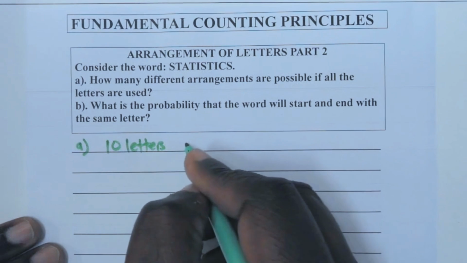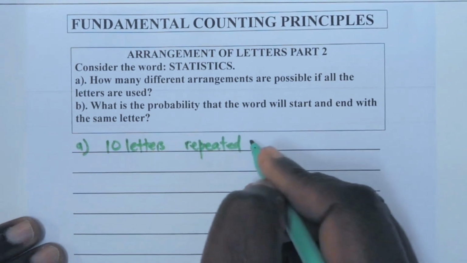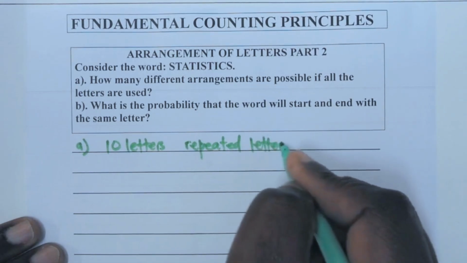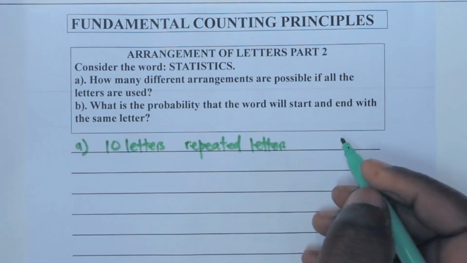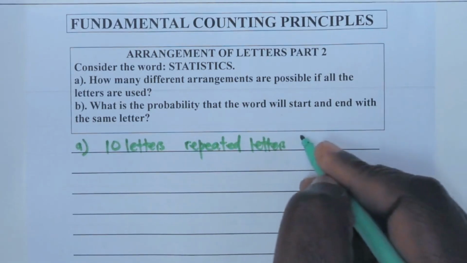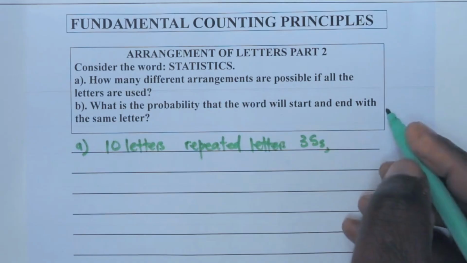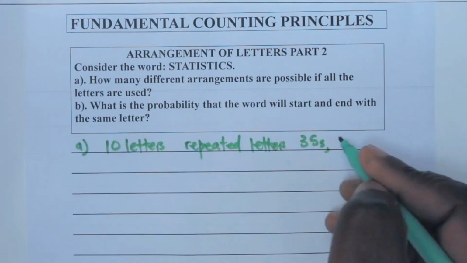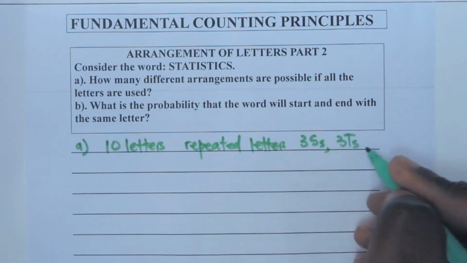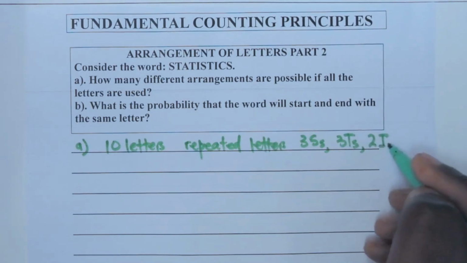Then we also need to check for the repeated letters. If we look at the repeated letters, we are going to see that we have got 3 S's, 3 T's, and 2 I's.